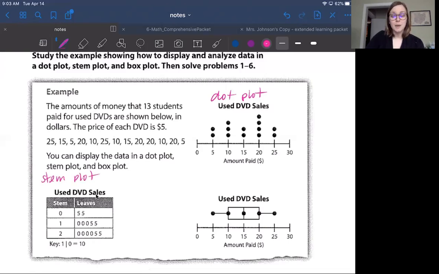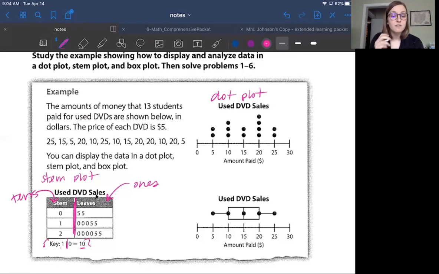Okay, the stem in this case, they give us this little key, which is important. The key is that the one on the left of the line here, the one with a 0, is 10. So that means that my stem here is all in the tens place, and my leaves are all my ones, okay?